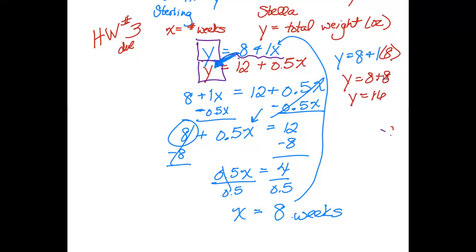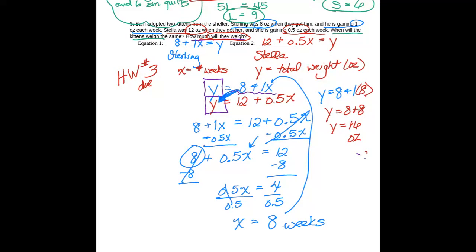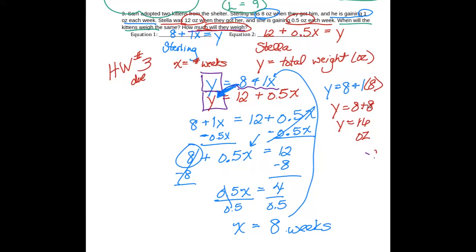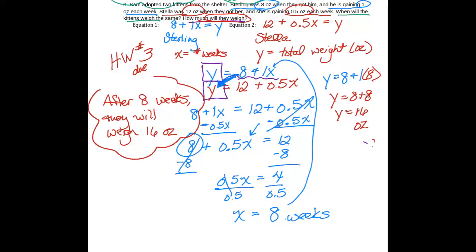And that is the total weight, so that is 16 ounces. So the question says, when will the kittens weigh the same? How much will they weigh? My answer would be after 8 weeks, comma, they will weigh 16 ounces at the same time.